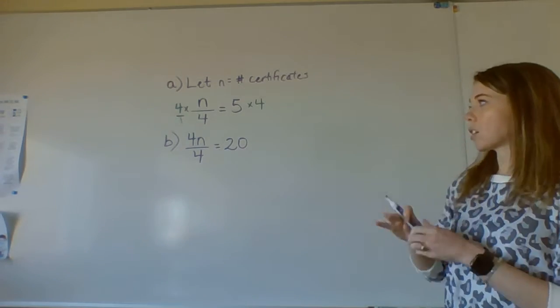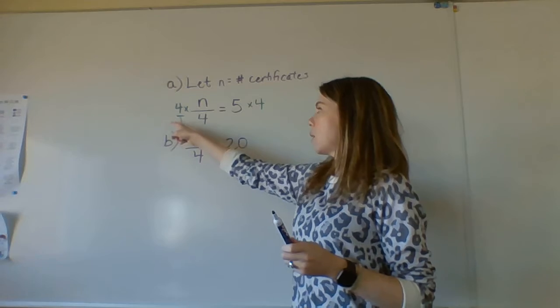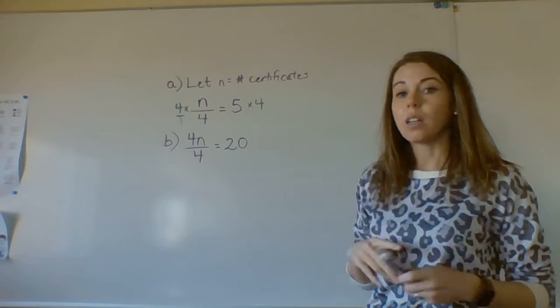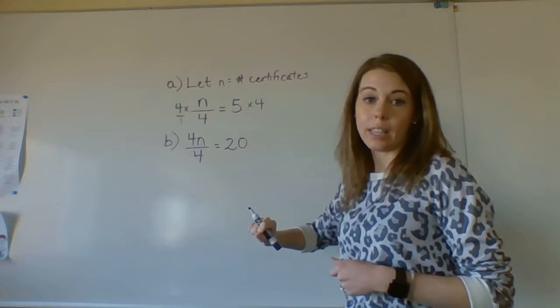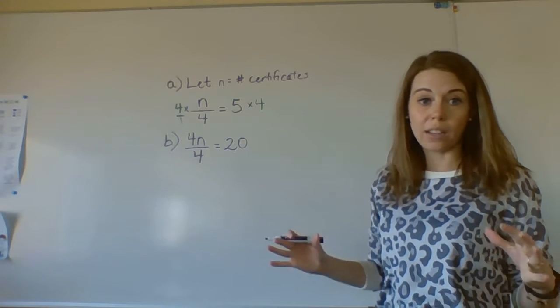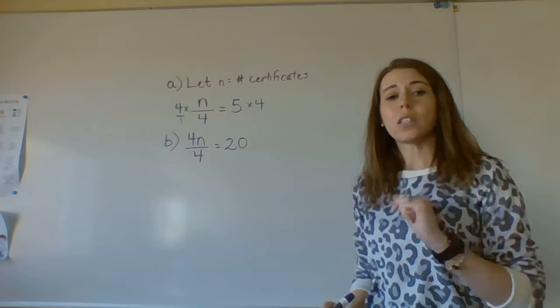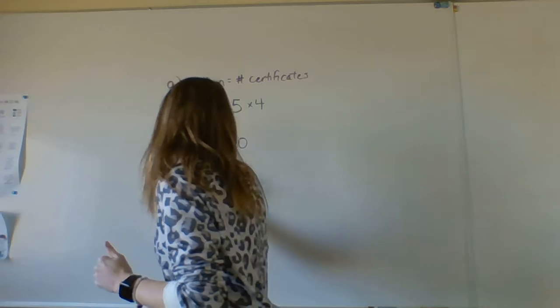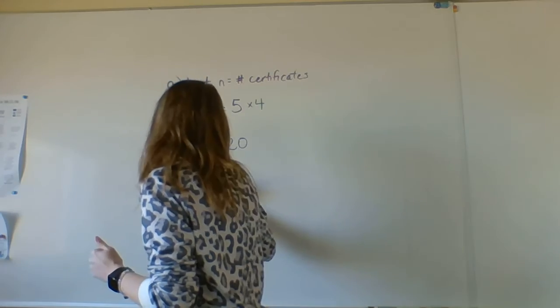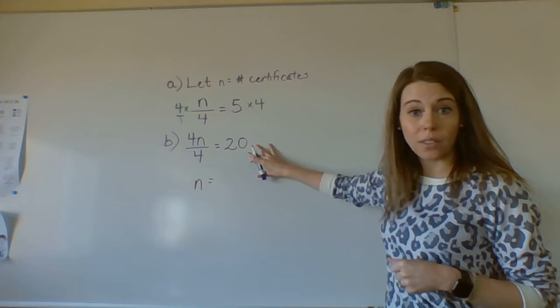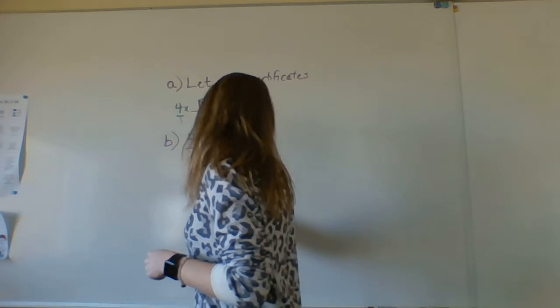Remember when we multiply fractions, we multiply straight across. And then I have that 4 over 4 like we have been working with. We know that is going to simplify to 1. So I can write it as 1n or just n if you're being a good lazy mathematician. And all the math is already done on this side. So I'm going to say equals 20.